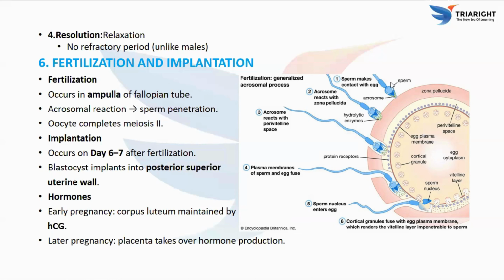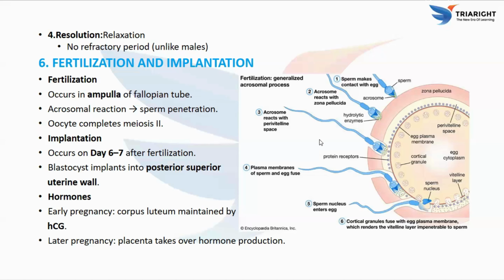So what happens in step 2? The acrosome reacts with the zona pellucida. The acrosomal reaction begins. The sperm head contains a cap called the acrosome. When the sperm touches the zona pellucida, the acrosome releases hydrolytic enzymes. These enzymes break down the protective layers of the egg. And then in step 3, the sperm moves through the layers.